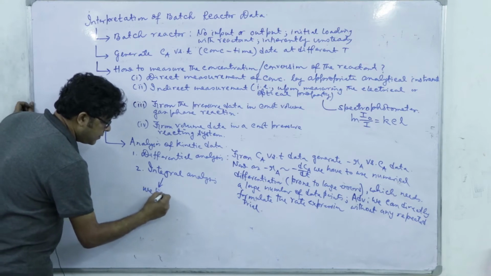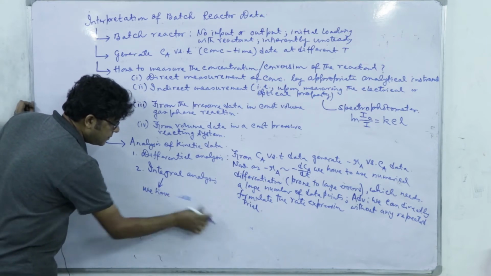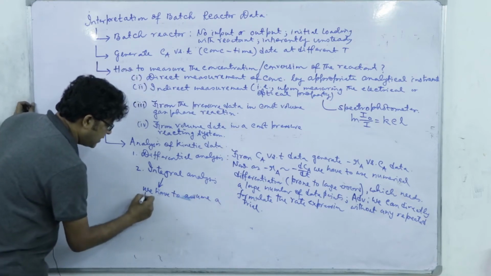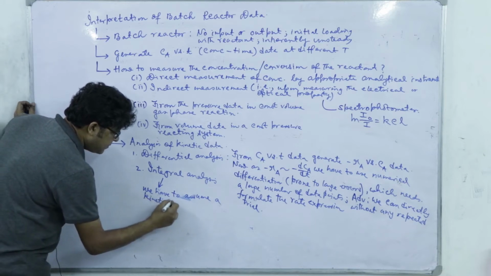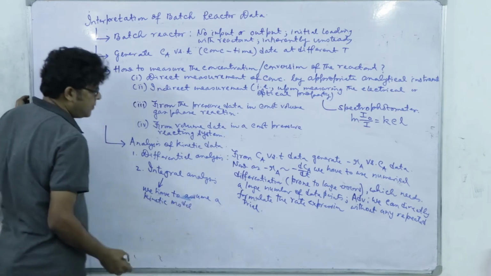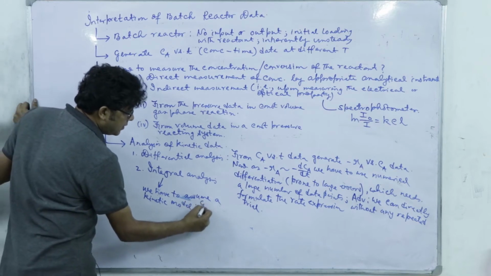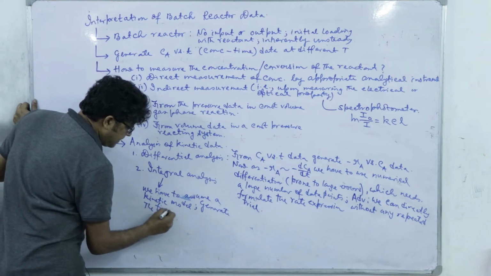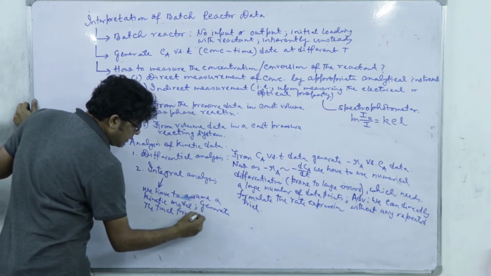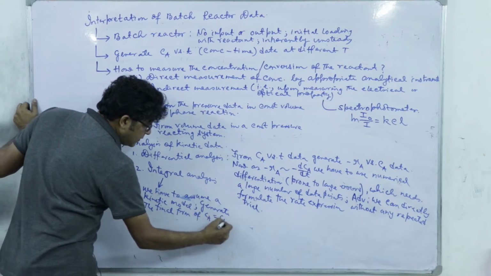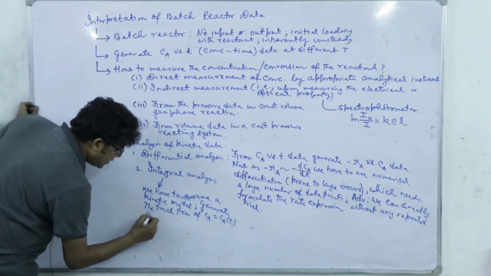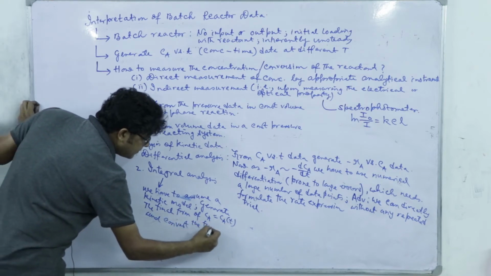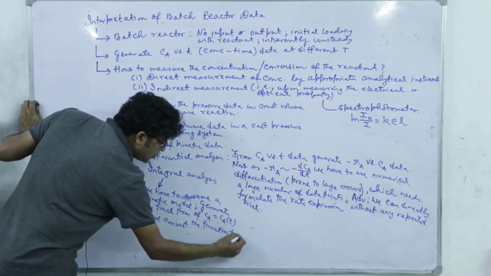Here we have to assume a kinetic model, generate the final form of CA as a function of t, and convert the function to a linear form.